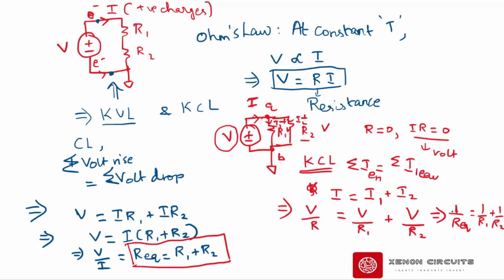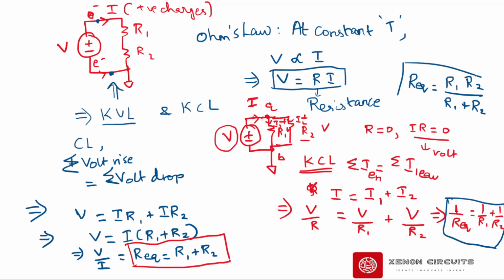And if we take the reciprocal and bring R equivalent to the numerator, R equivalent becomes R1 R2 by R1 plus R2. Okay, this is how we derived the R equivalent for series and parallel resistor combinations.